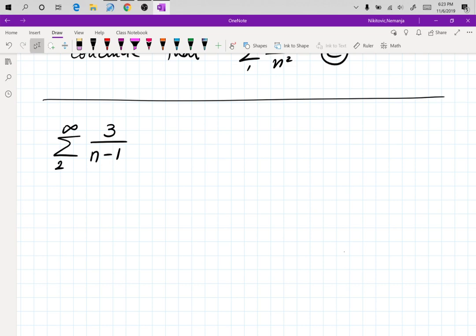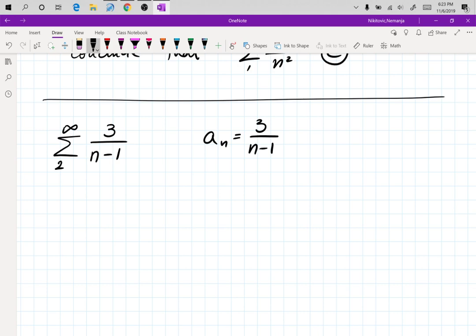Just be ready to change the problem. So what do I have? I'm going to compare this. So my an is 3 over n minus 1. I know that I can kick the 3 in front of the sum, and I will have 1 over n minus 1. The minus 1 is what's messing things up, because if it was 1 over n, we know it's harmonic divergence, we're done.